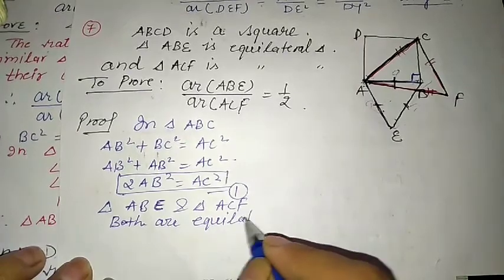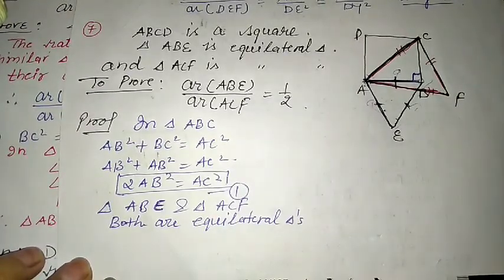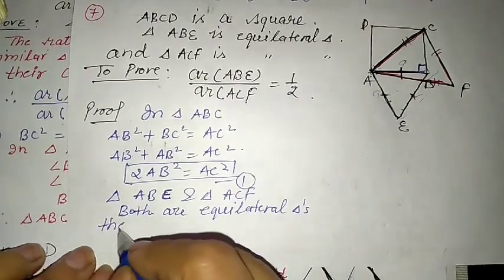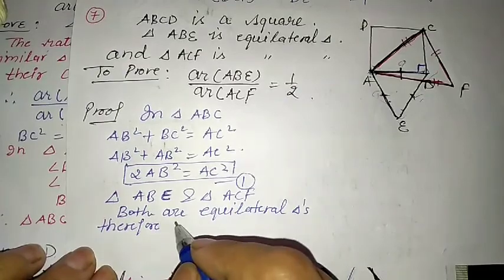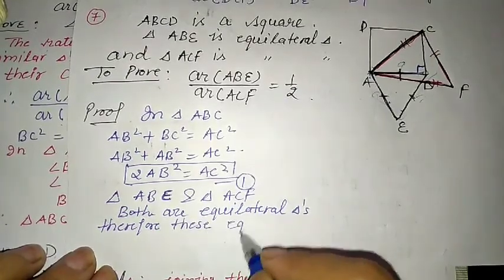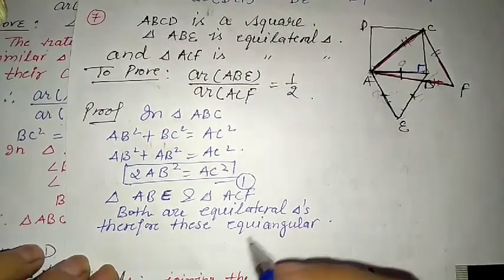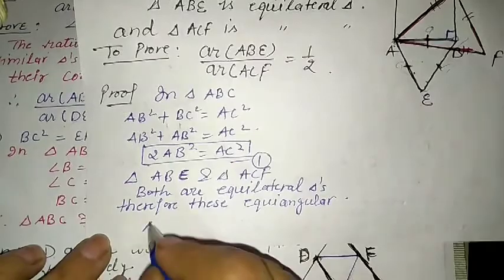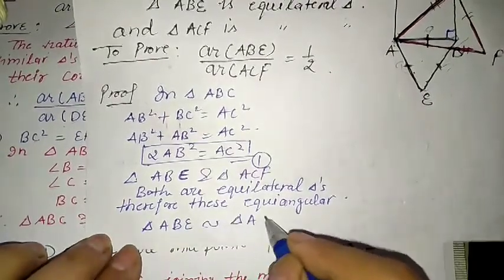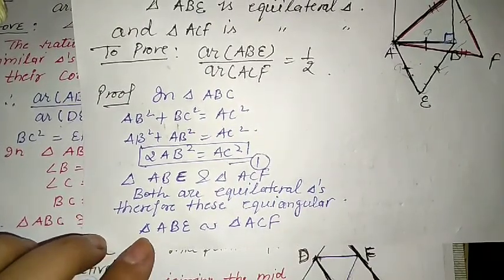Therefore, these are equiangular. If all the angles of the triangles are equal, then triangle ABE is similar to triangle ACF. These two triangles are similar.